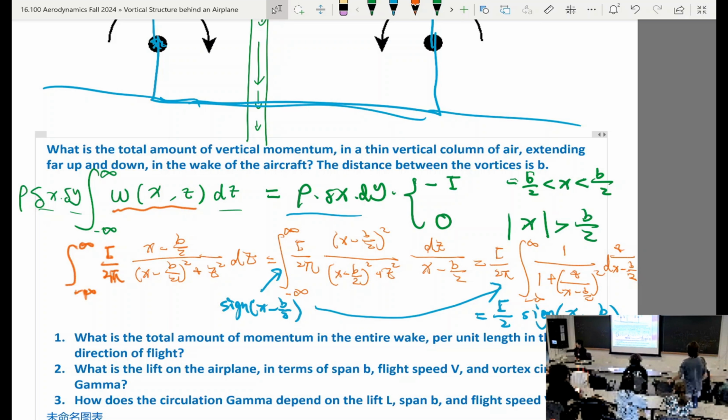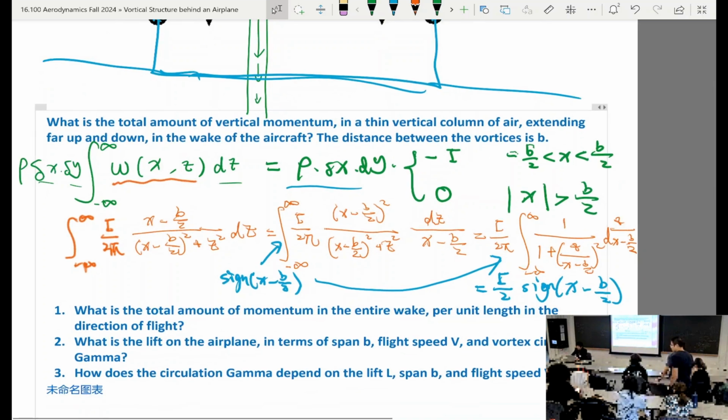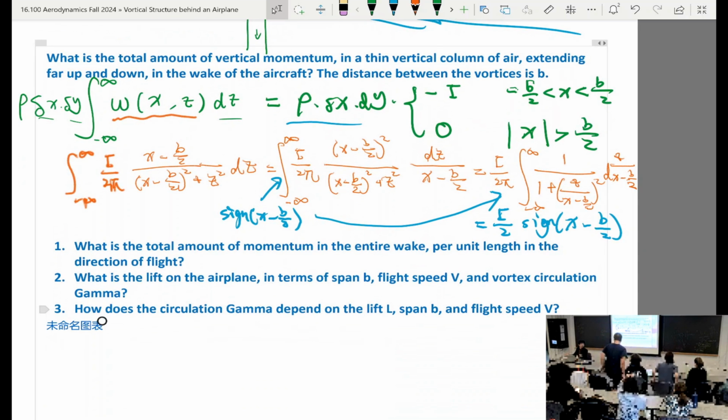I think the first answer is basically integrating over constants. So the first answer you should get is minus rho times b times gamma, because the momentum is negative. On the second one, you divide by how much time the airplane travels over unit distance, which is 1 over v, so you multiply by v.